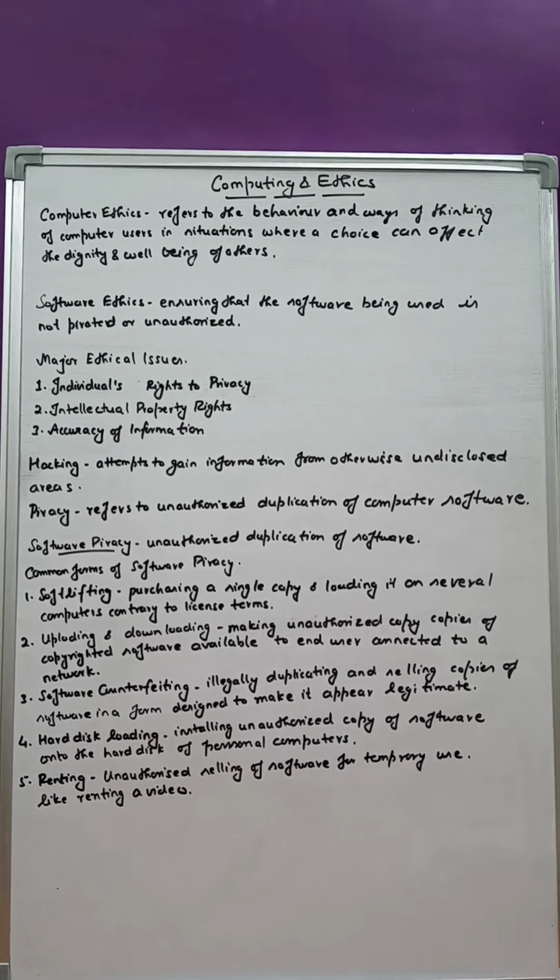Third is software counterfeiting. Software counterfeiting is illegally duplicating and selling copies of software in a form designed to make it appear legitimate. The original software is there, and you copy that software and make some changes to give it a new name, claiming that you have created the software.